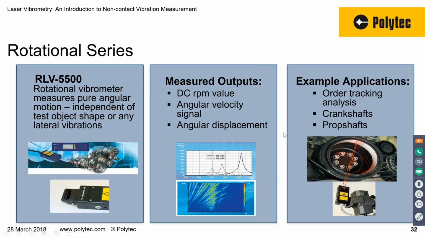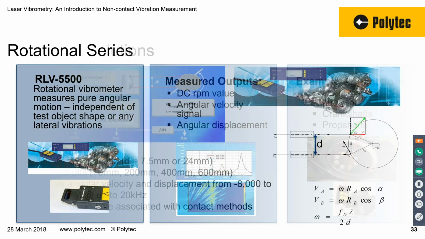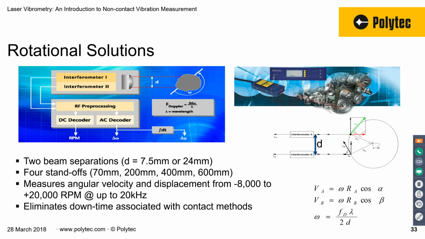And it can be used for order tracking, crankshaft, prop shaft. You don't have to aim the lasers onto a circular surface. You can, for example, aim them onto a hexagonal bolt head at the end of the shaft. So very flexible system indeed. We have two beam separations to choose from, 7.5 and 24 millimeters.